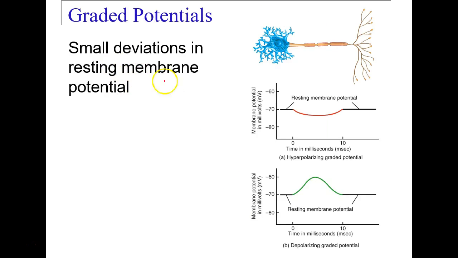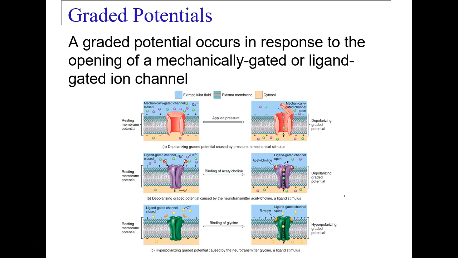So graded potential, how we're going to change that membrane will be small deviations in the resting membrane potential. So a graded potential, that negative 70 millivolts, we can have some sort of stimulus and it changes it, depolarizes just a little, just enough to say something happened.